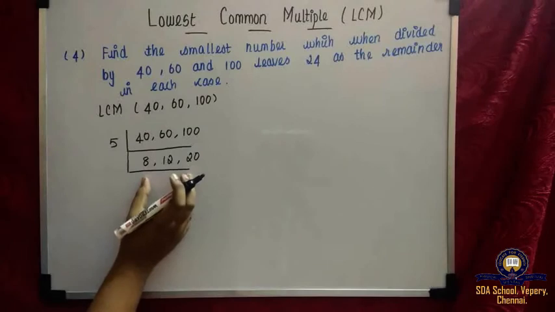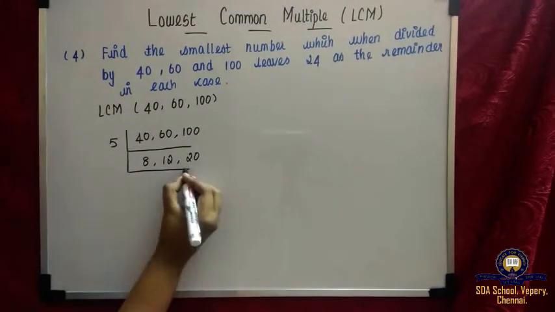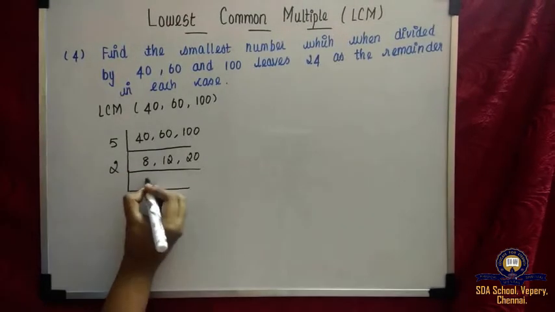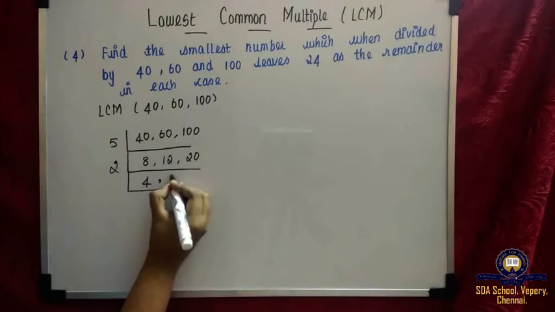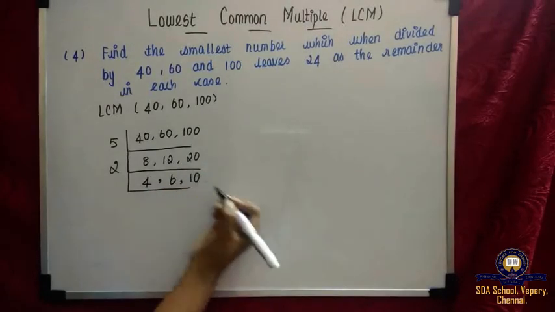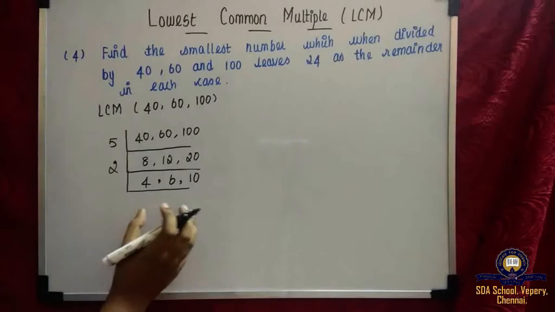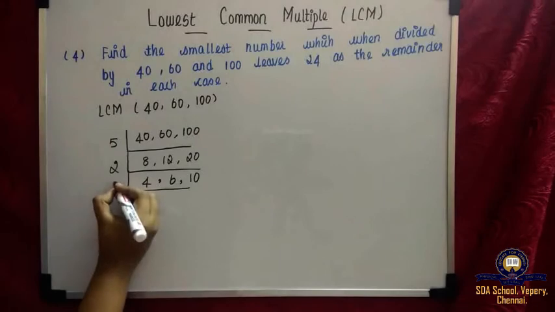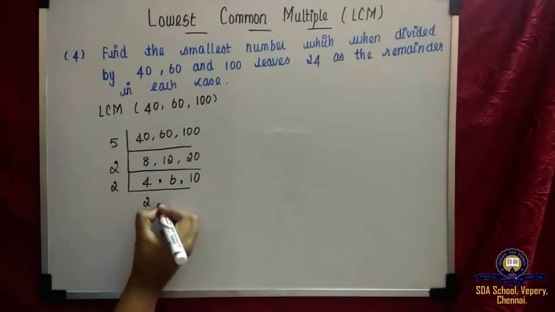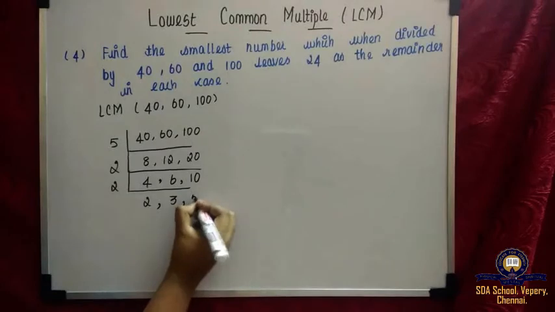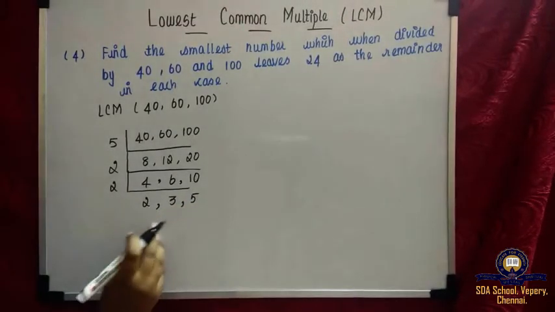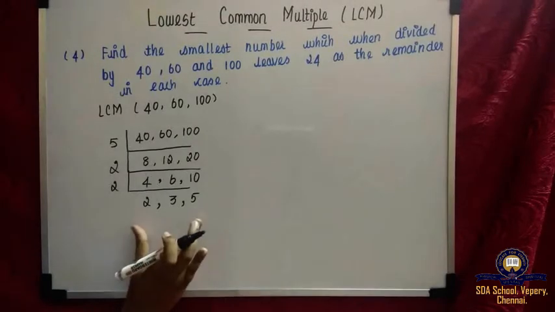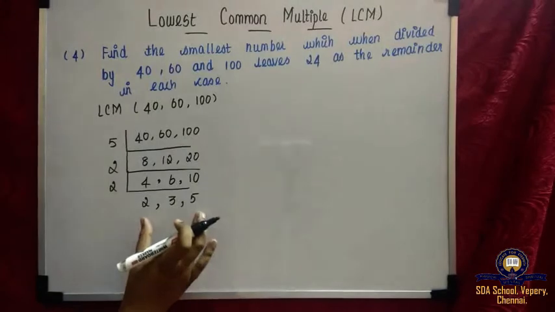When you look at these three numbers, they have the common factor 2. 2 4s are 8, 2 6s are 12, 2 10s are 20. Now when you look at 4, 6 and 10, they have the common factor 2. 2 2s are 4, 2 3s are 6, 2 5s are 10. When you look at 2, 3 and 5, do they have a common factor? They don't have, right? So we have to stop at this step.